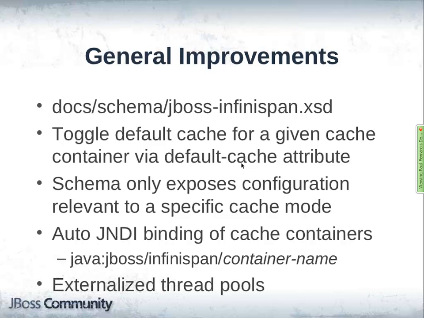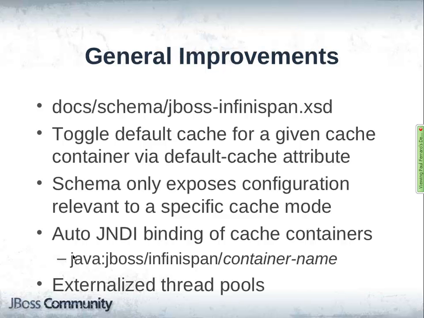Cache containers are also all bound to JNDI by default. That's all done under the covers when the subsystem is first loaded. Now, just because a cache container is bound to JNDI doesn't mean that the cache container itself is actually created or even started. This is one of the other big improvements in AS7.